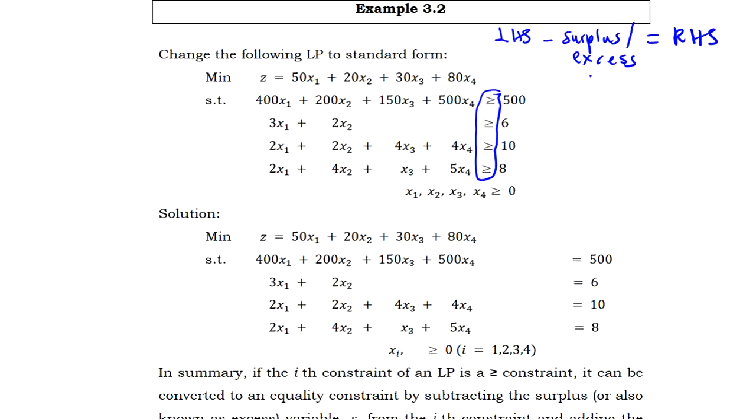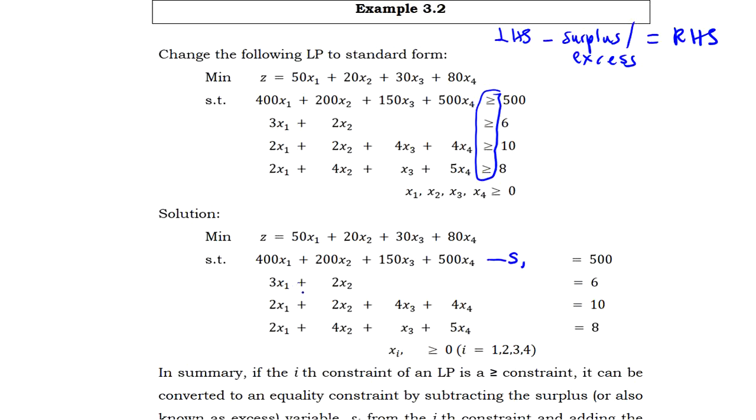So the first constraint, 400x1 plus 200x2 plus 150x3 plus 500x4 minus s1, because this is the first constraint, equals the right hand side, 500.